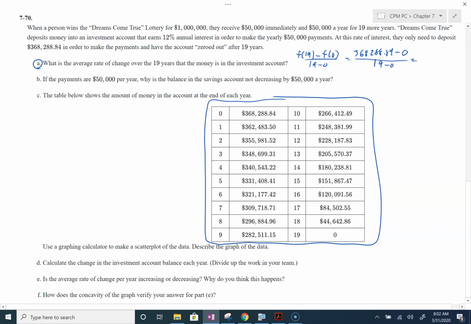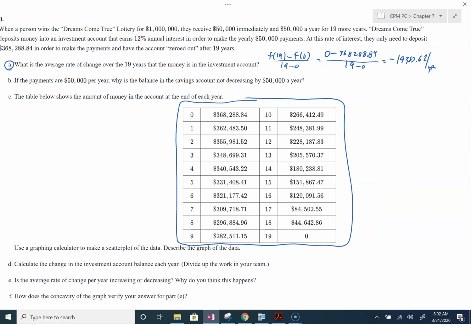And that turns out to be, actually it's the other way around, it's 0 minus 368,288.84, and that turns out to be negative $19,383.62 per year. So it's decreasing by about $19,383 per year.